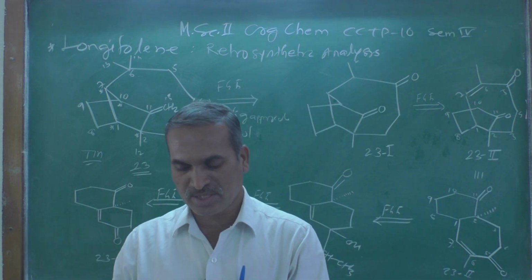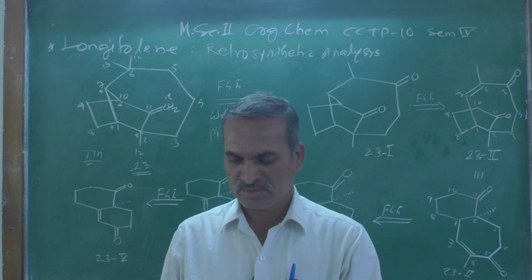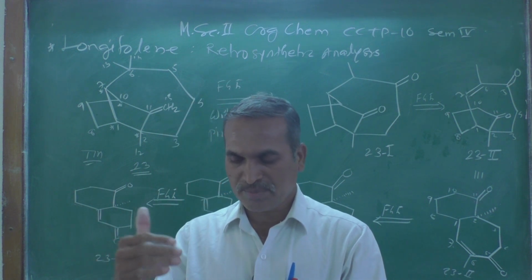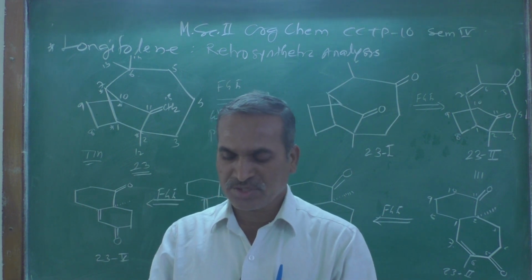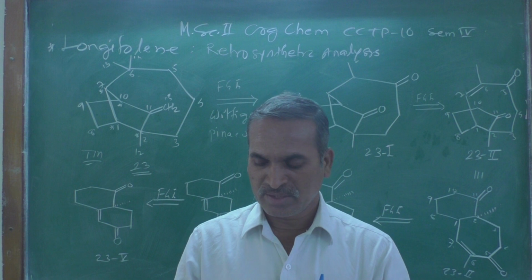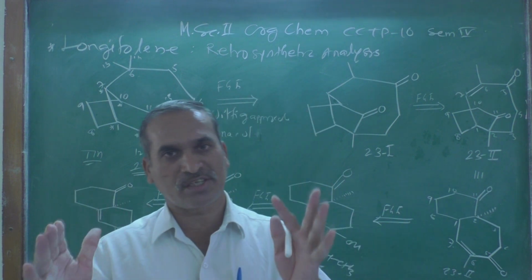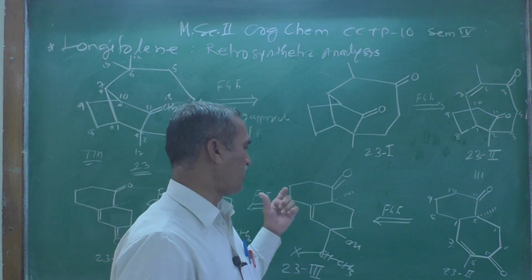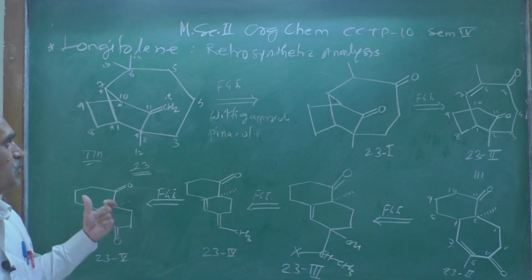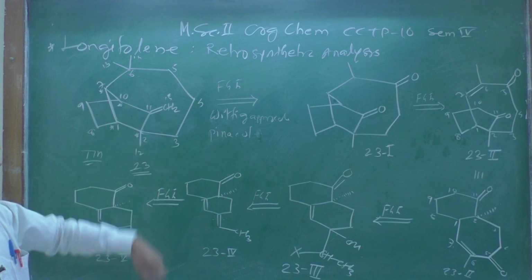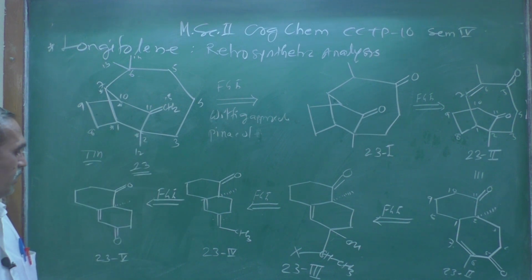It is very straightforward in concept and leads to identification of 23,5 as a potential starting material. This is a very potent starting material used for the synthesis of longifolin.